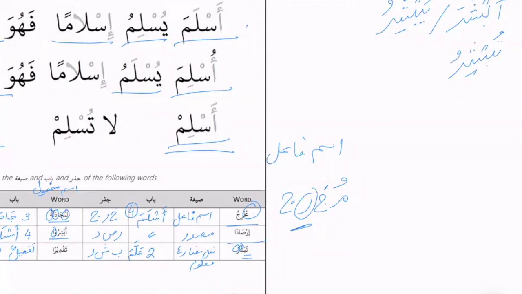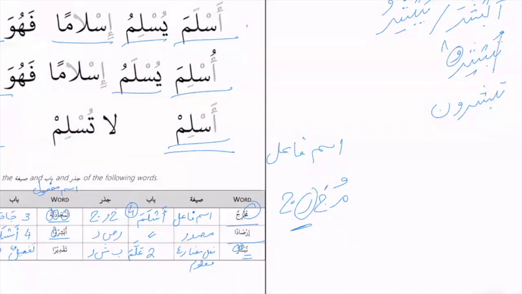Right? And tubshiruna. I'm skipping antuma. So now we are supposed to make it majzoom.